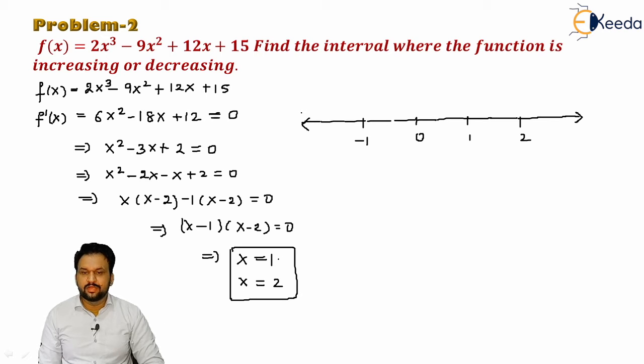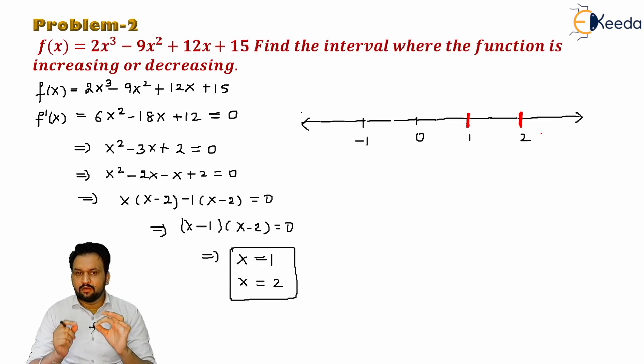I have only 2 points, x equal to 1 and x equal to 2. So I will check the value of f dash x near 1 and 2. Our points are 1 and 2, so I'm marking these 2 points.